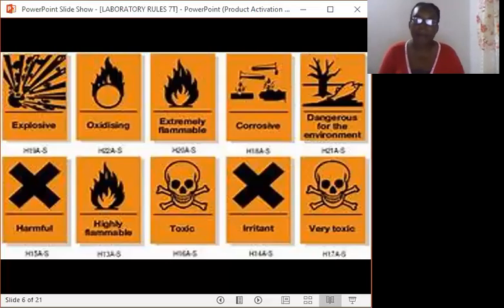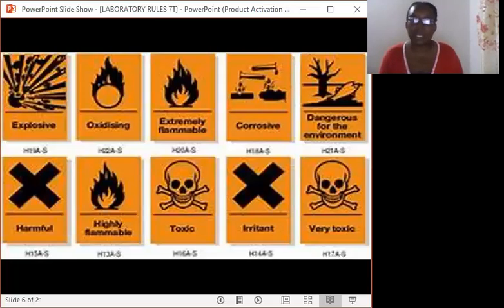We also have the symbol highly flammable, which is another degree of being flammable. And finally, on the right, I'm sorry, we have a very toxic symbol, a label that represents a very toxic chemical. And once again, this is just a higher degree of toxicity.